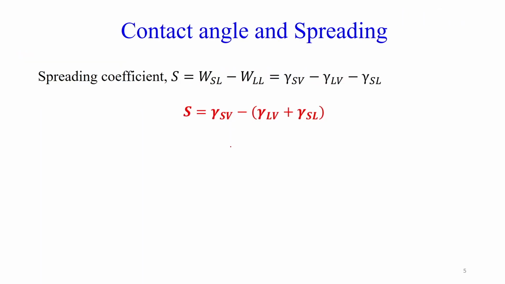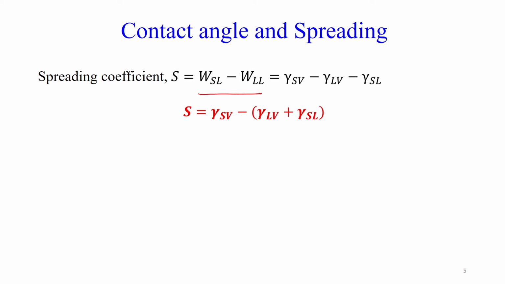Now, before we proceed further, what should be the condition when the contact angle will be formed? If you remember the previous class, we discussed the spreading, and spreading occurs when there is a difference between the work of adhesion between solid liquid and the work of cohesion of the liquid. This difference is known as the spreading coefficient. Solid liquid means adhesion, liquid liquid means cohesion.